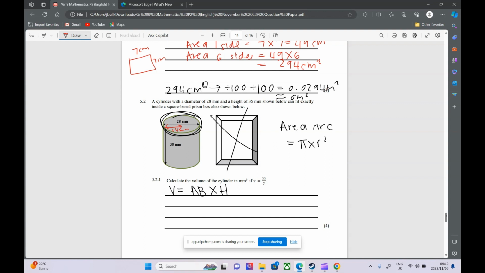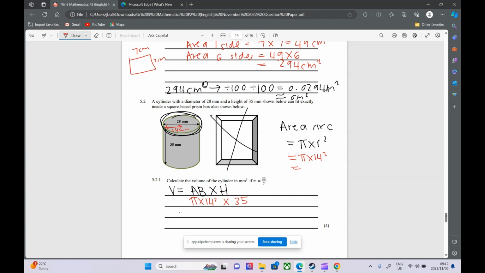So then that's going to be pi times 14 squared. And then once you work that out, you're just going to say pi times 14 squared times your height. So the height of the cylinder, they tell us, is 35. So we could then work that out.